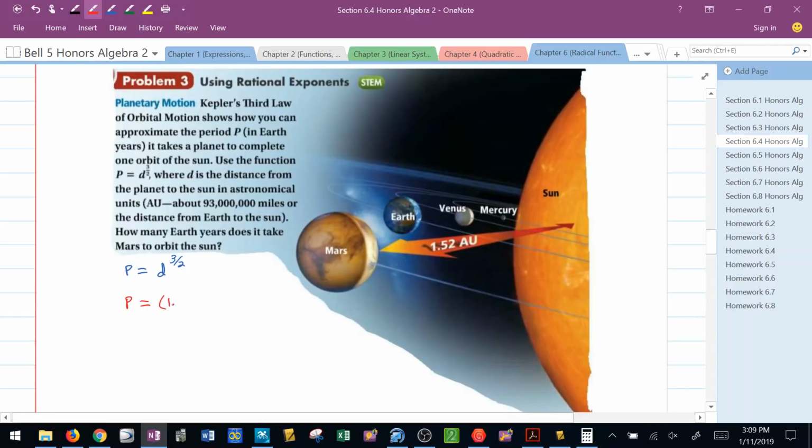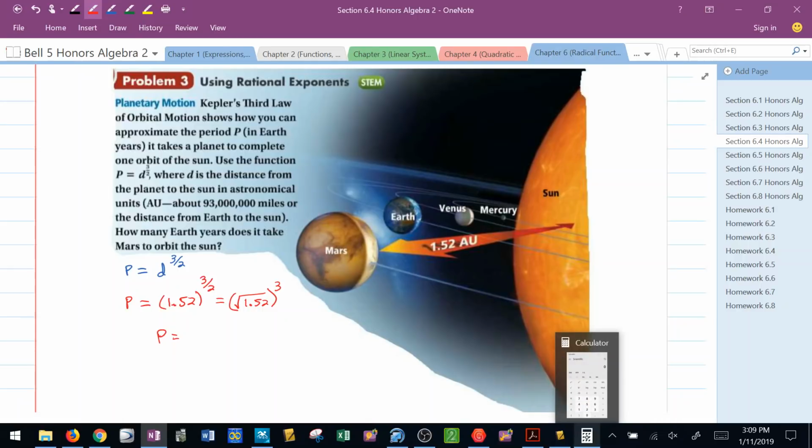D is going to be 1.52, and I'm going to raise that to the 3/2 power. Now, I'm going to change this to the square root of 1.52. I'm going to figure that answer out and then cube it. And that will tell me the period in astronomical units that Mars takes to get around.